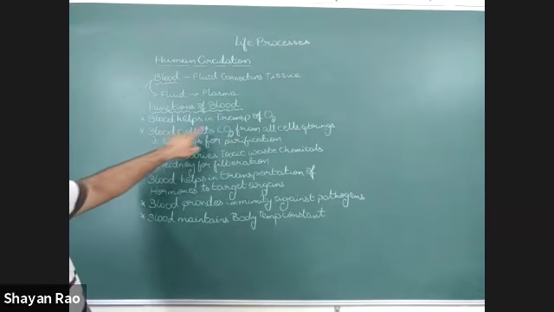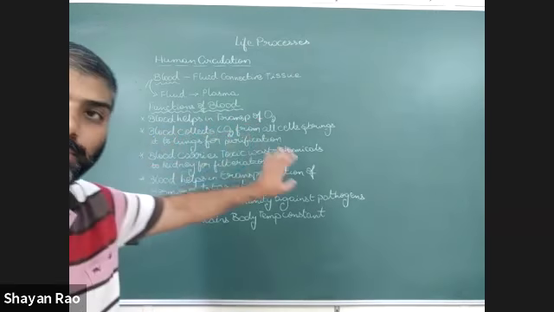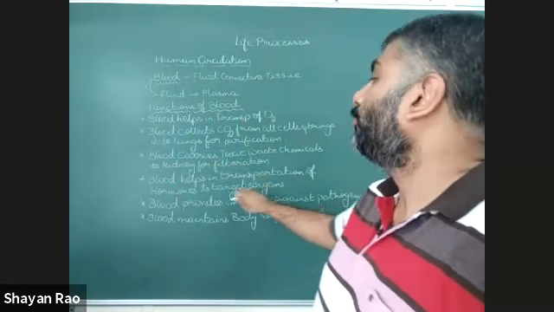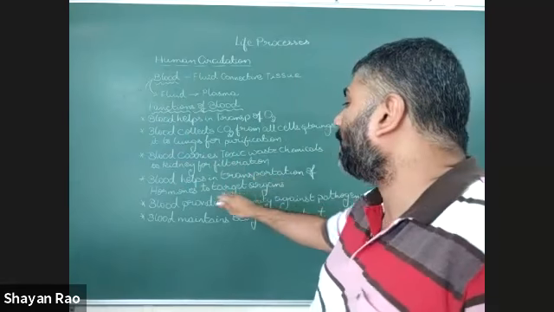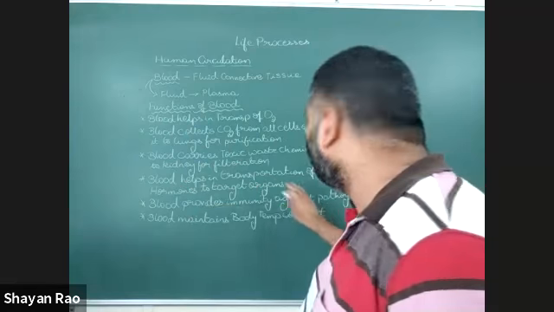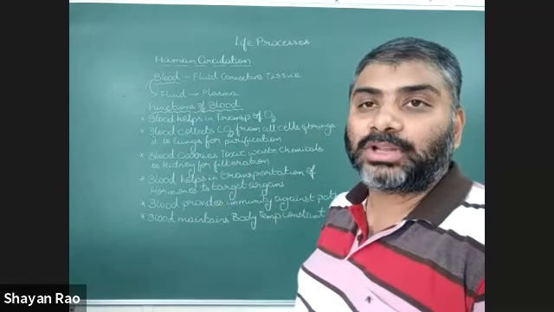Second, it collects carbon dioxide from all the cells and brings it to the lungs for purification. Third, blood carries toxic waste chemicals to the kidney for filtration. Fourth, blood helps in transportation of hormones to the target organs. Fifth, it provides immunity against the pathogens. And lastly, it maintains body temperature constant.